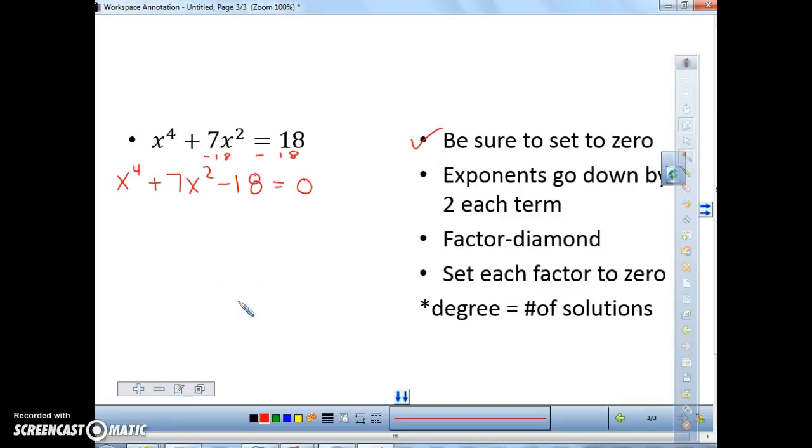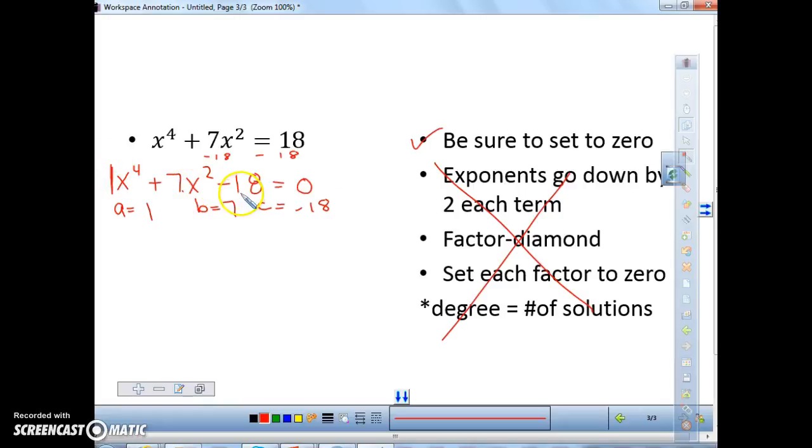So if we want to do the quadratic formula, if we're just not really a factoring fan, we want to identify a, b, and c. So in this problem, first of all, do my exponents go down by 2? Yes. Okay. So we could use the quadratic formula. What's a, b, and c? And negative 18.